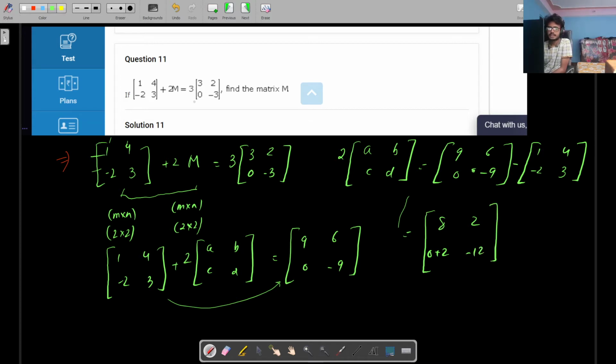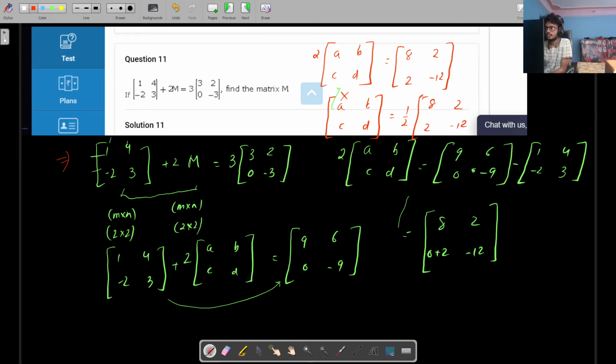So the matrix that you're getting here, on the left hand side you're getting 2 times [A, B; C, D], this is basically matrix X, equal to [8, 2; 2, -12]. Now take this 2 to the other side. So you get [A, B; C, D], this is matrix X, equal to 1 by 2 times [8, 2; 2, -12].